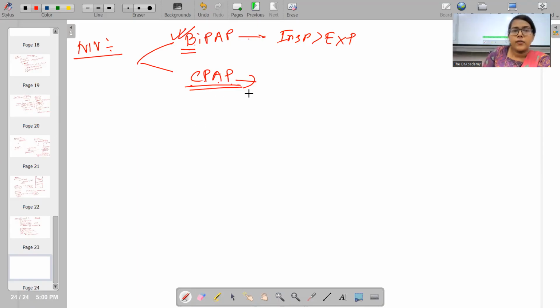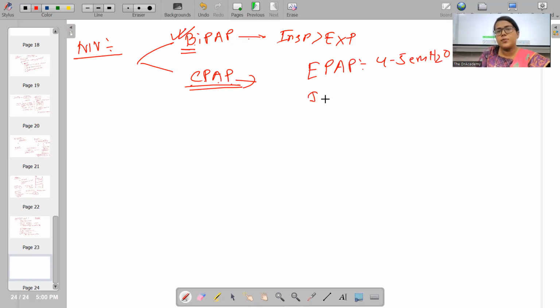Now, the characteristic criteria for non-invasive ventilation in a COPD patient: first of all, the expiratory positive airway pressure should be within 4 to 5 centimeters of water. Number two, the inspiratory positive airway pressure should be, according to the NICE guideline, 10 centimeters of water, but according to the British Thoracic Society, 12 to 15 centimeters of water.